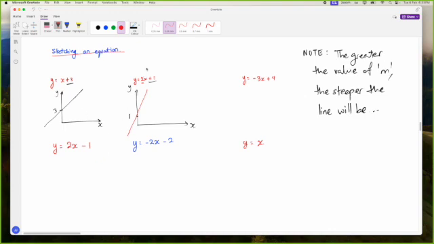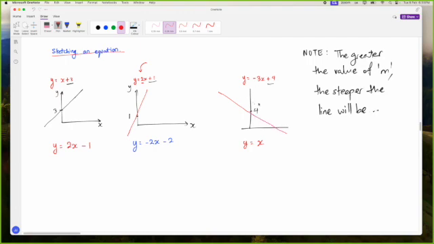So the greater the value of m is, the steeper the line will be. In this case here, I have a +4 on the y-axis, but a -3, that's not very steep at all.